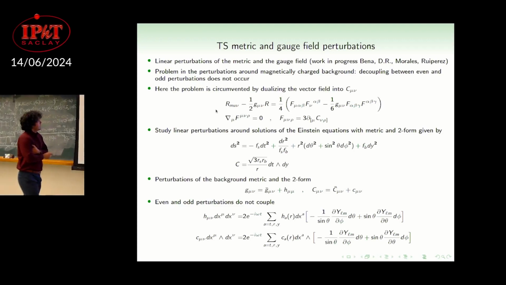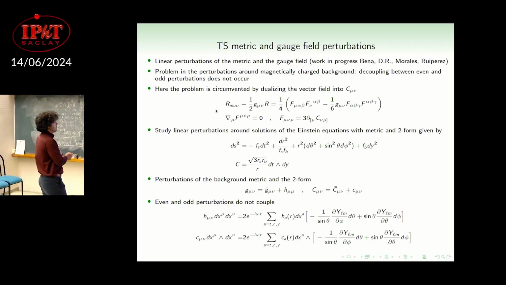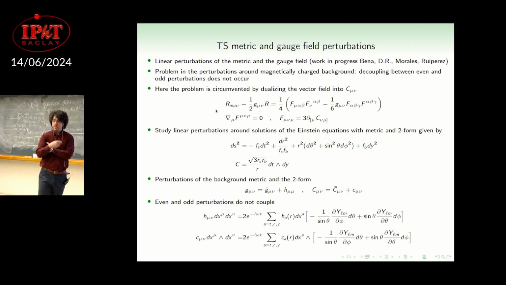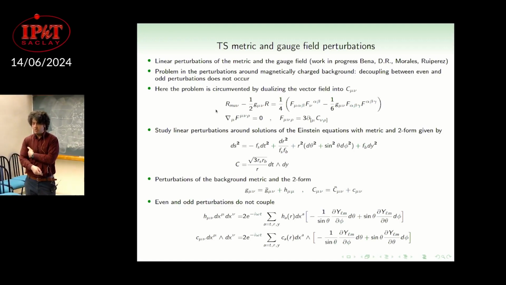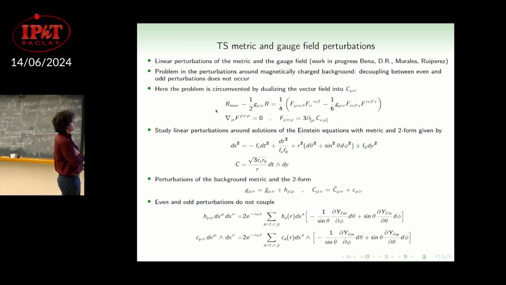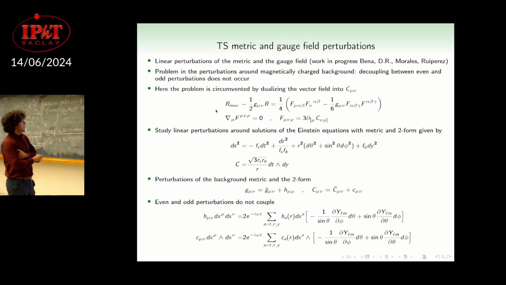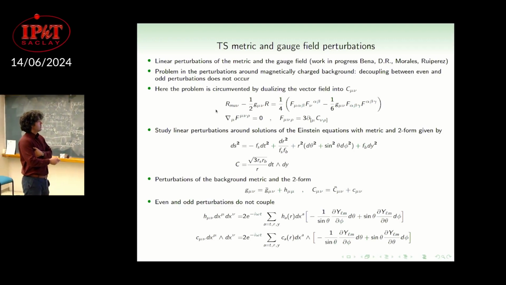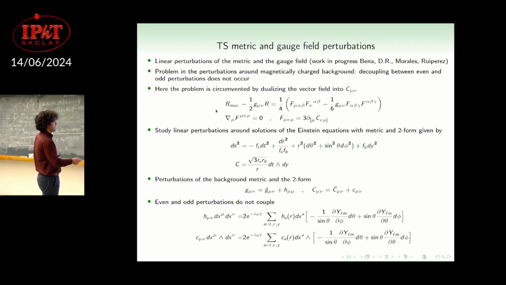The problem is that perturbations in a magnetically charged background usually do not enjoy the separation between the even and the odd perturbations. But in this case, this problem can be circumvented if we dualize the vector field. So we can do this, and we are interested in computing the linearized perturbation. There is another misprint here, sorry.